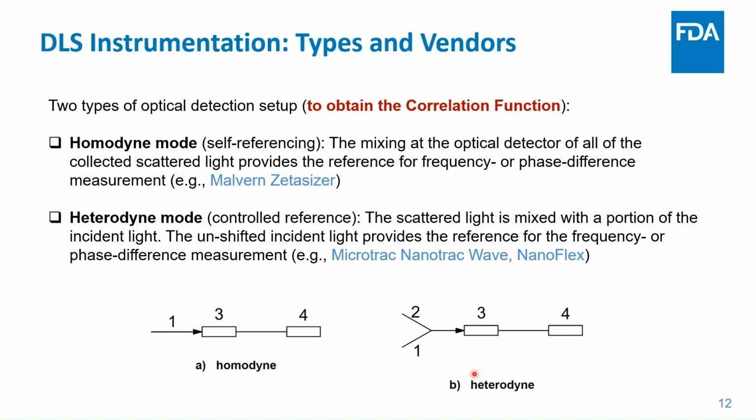But this brings up two things to think about when you're looking at what instrumentation is being used: the lower limits that they can detect depend on whether it's homodyne or heterodyne, and on the types of lasers they're using, basically the wavelength and the power.